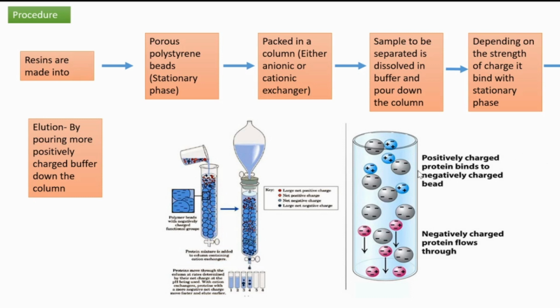Okay, so here in this figure they are explaining with which type of exchanger. Here you see the negative charge. Negative charge means it's a cationic ion exchanger. Since it is a cationic ion exchanger, it has negative charge, so it can bind with positively charged proteins or amino acids.